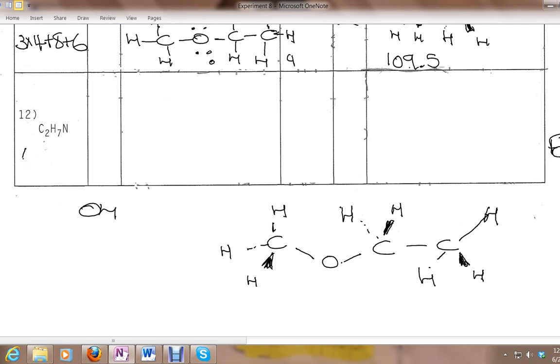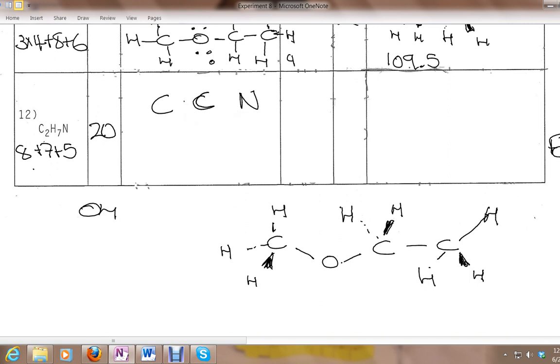We have two carbons plus 7 plus 5. That's 12 plus 8, 20. Now let's draw it just in case to see if there is any isomer. And of course, carbon is the central atom, and then we got nitrogen.